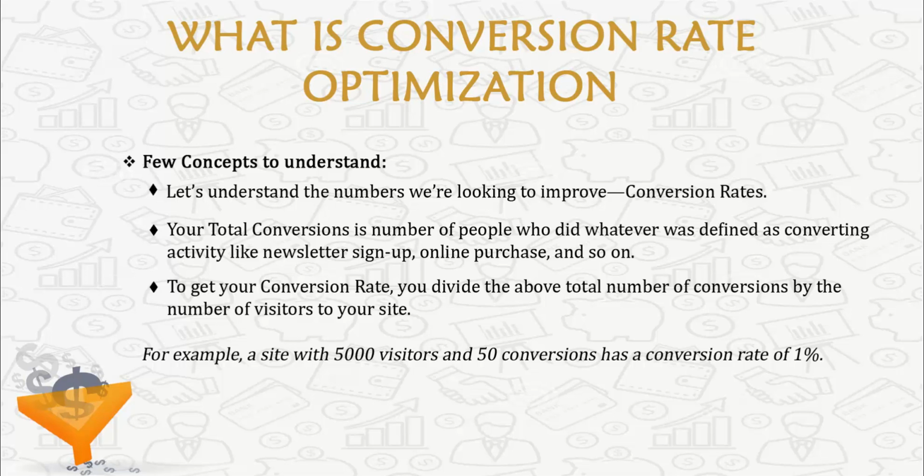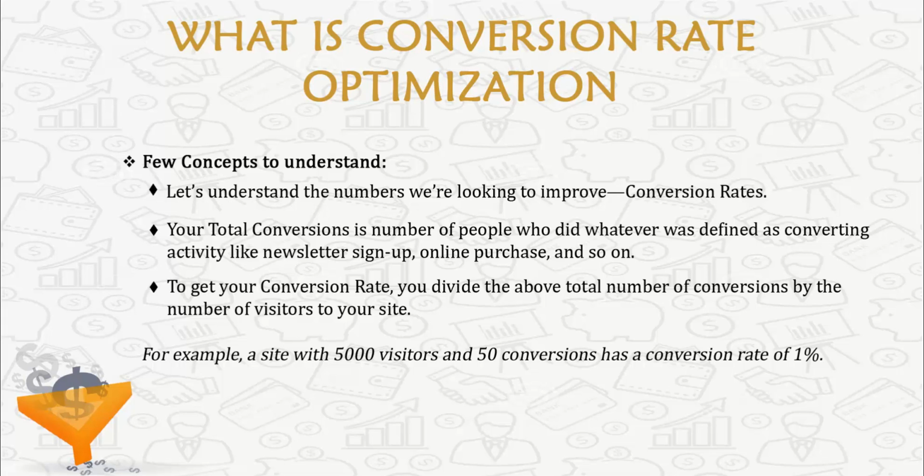Then there is the total visitors or total users of your website. Total conversions, that is the number of users who have completed an activity, divided by the total visitors or total users gives you an idea about your conversion rate. In this example, you can see there have been 5,000 visitors and 50 conversions. Thus the conversion rate has been 1%.